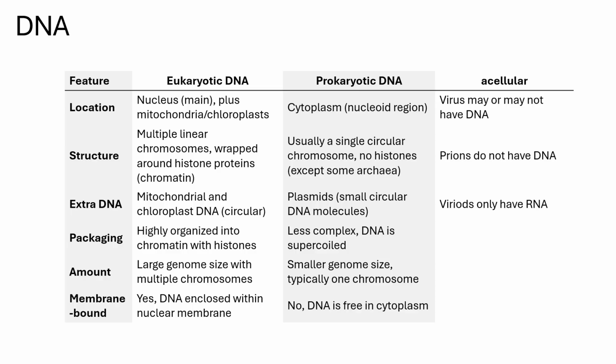It's also double-stranded antiparallel, but there's only one, and it is attached at each end. They're not associated with histones, except for the archaea. Additional DNA might be contained in small amounts, and would also be circular DNA. These would be called plasmids, which carry extra genes. We'll talk more about these when we discuss the bacteria and archaea in a separate lecture.